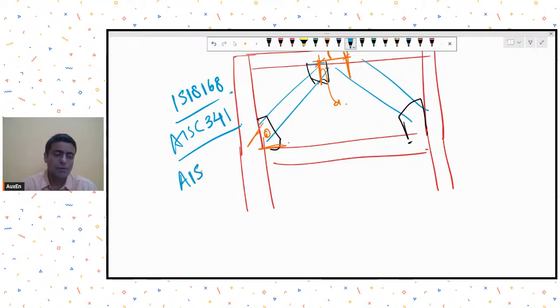Additionally, you can also have a look at AISC 358, which is, I think, if I remember correctly, a code for pre-qualified connections. Can someone just correct me if I'm wrong? AISC 358. Let me just check.